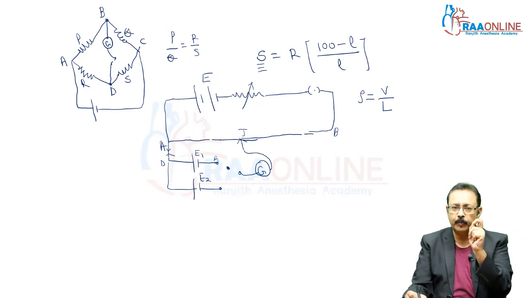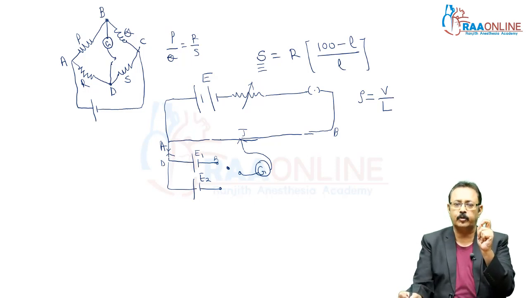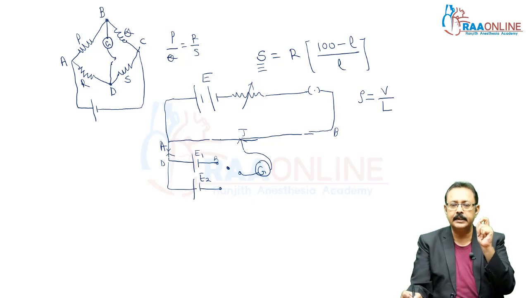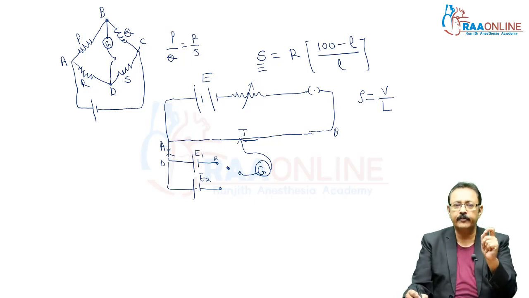You will get one point at which you get no deflection in the galvanometer, meaning at this length the potential difference between A and J is equal to the EMF of the cell.